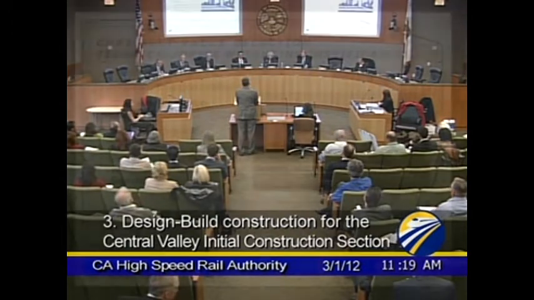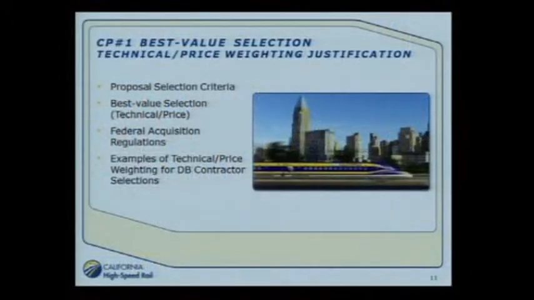The selection process for the best value proposal is going to be a best value selection, and it's a technical and price component. And we had a lot of internal discussion on what the best way to approach this so that we end up with a strong technical proposal team as well as a very fair and competitive price.